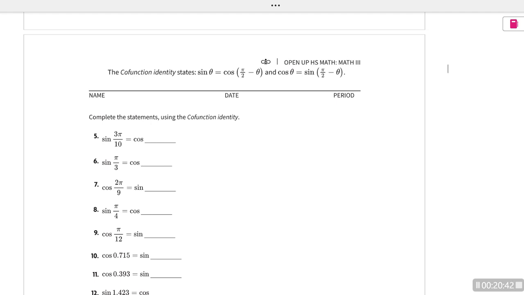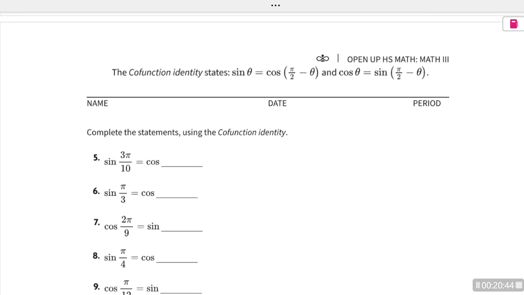So this is almost more of a practice of adding and subtracting fractions, right? I have 3 pi over 10. So if I want to do pi over 2 minus 3 pi over 10, I need to make sure I have a common denominator.